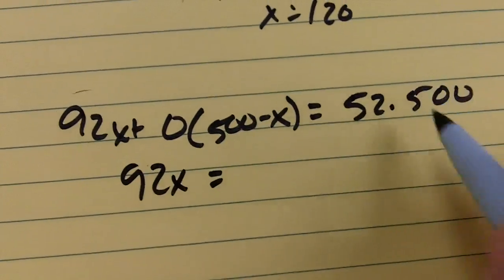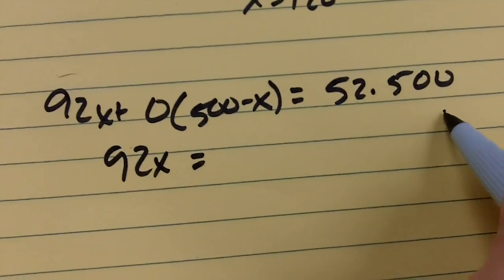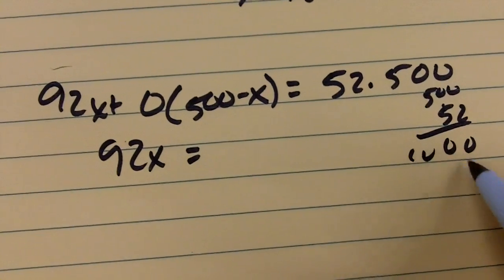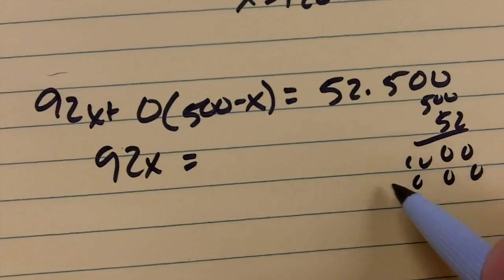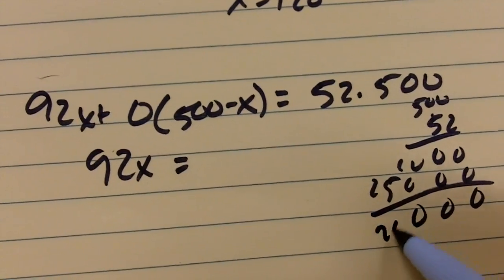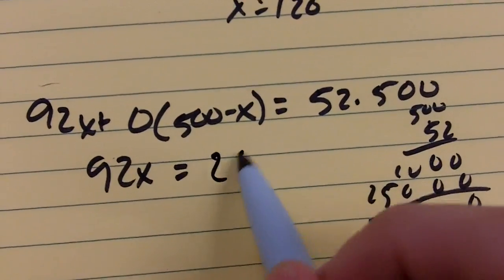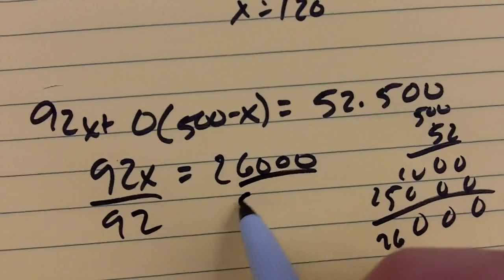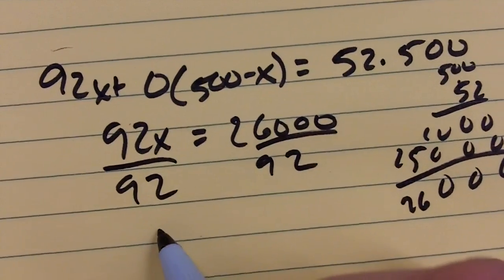On this side I have 52 times 500, which is 26,000. See how many times 92 goes into 26,000. I don't know if it'll go in evenly or not.